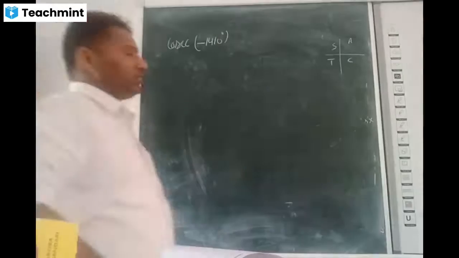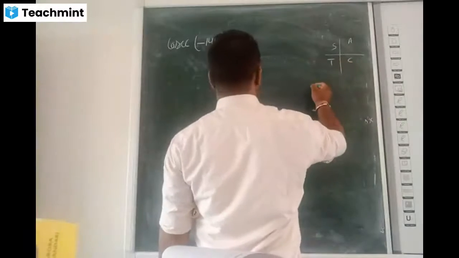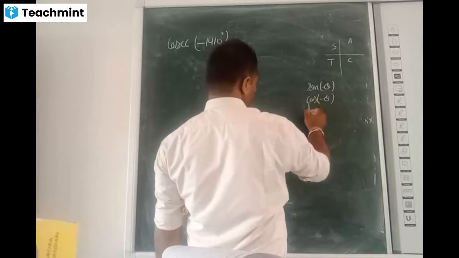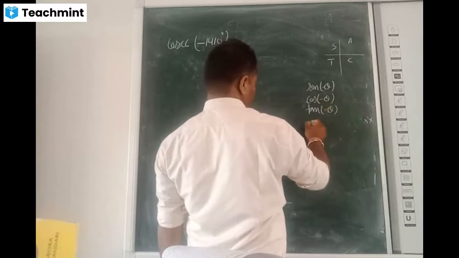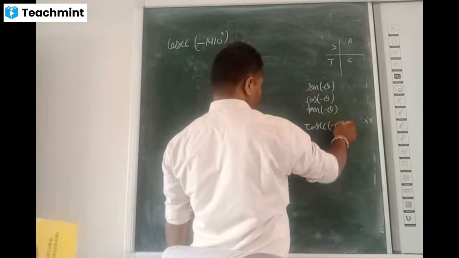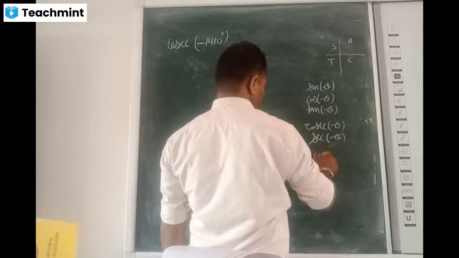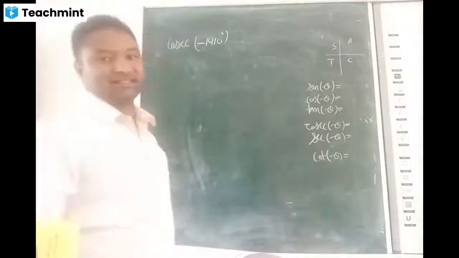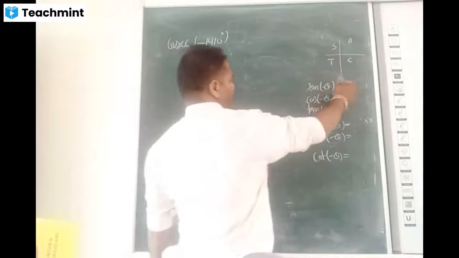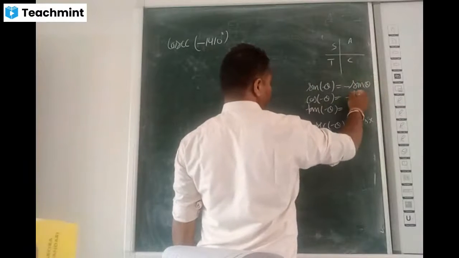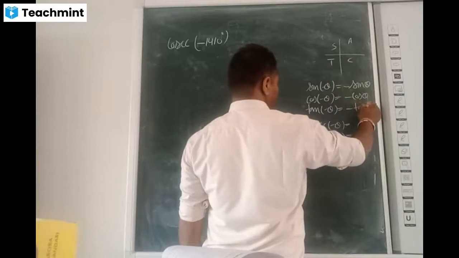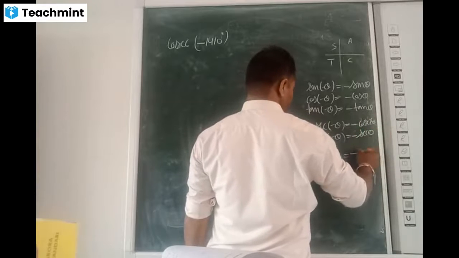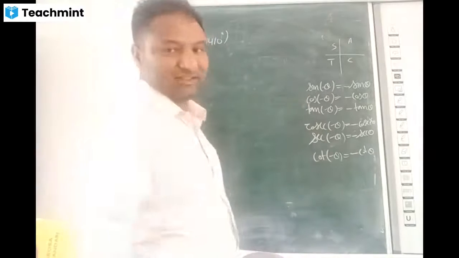And as I told you, sine minus theta is minus sine theta, cos minus theta is cos theta, tangent minus theta is minus tangent theta, cosec minus theta is minus cosec theta, secant minus theta is secant theta. It is right.